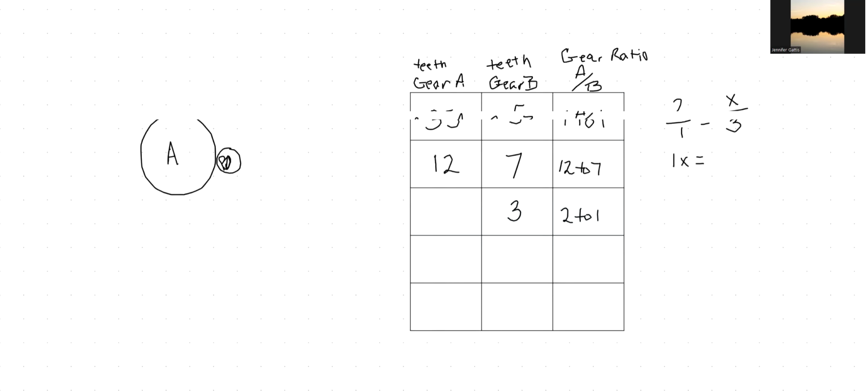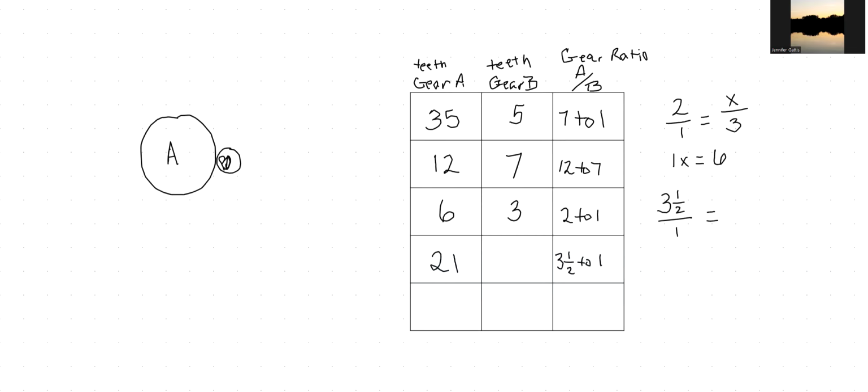In another example, we are told that there are 21 teeth on gear A. We don't know how many there are on gear B, but we know the ratio is 3.5 to 1. So again, we can set up an equivalent proportion. 3.5 to 1 is equal to 21 to some unknown.